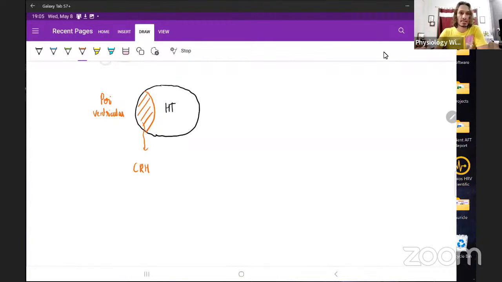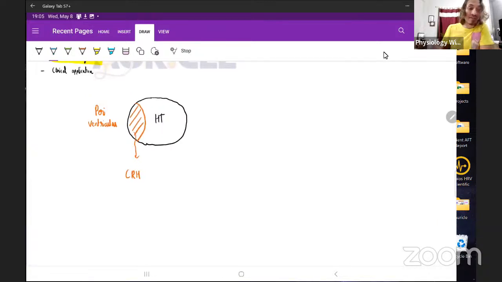How is it released? One of the major things that affects this is impulses that come from your suprachiasmatic nucleus. That is also a part of the hypothalamus. The suprachiasmatic nucleus is a regulator of your circadian rhythm.